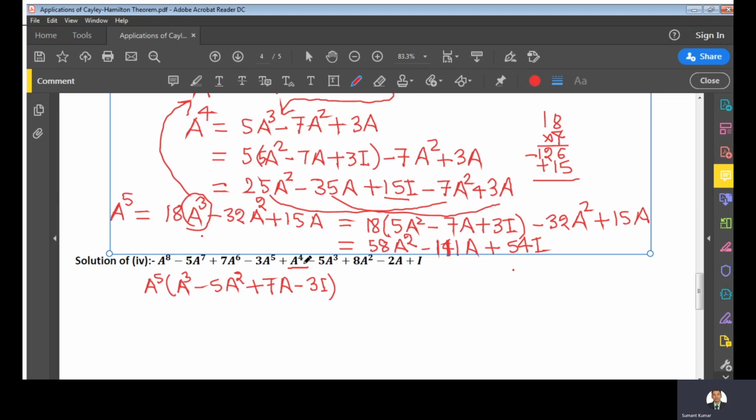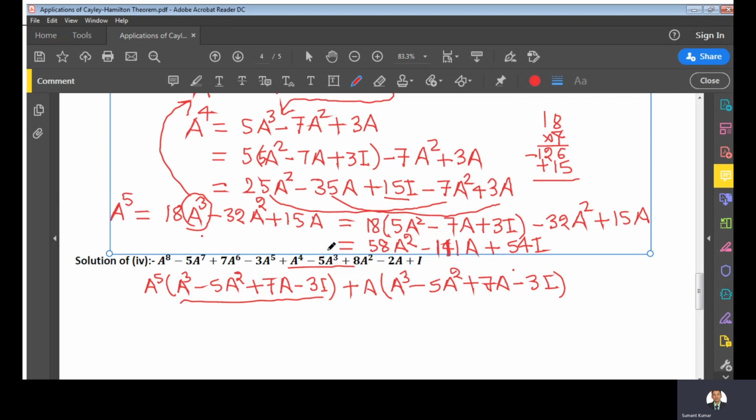Now again you are taking common here A raised to the power 1, that is A only, right? So what will we get here? A raised to the power 3 minus, now you will write all these terms again. So here you are getting 5A raised to the power 2 plus 7A and minus 3i. Now you balance this expression. So what happened?